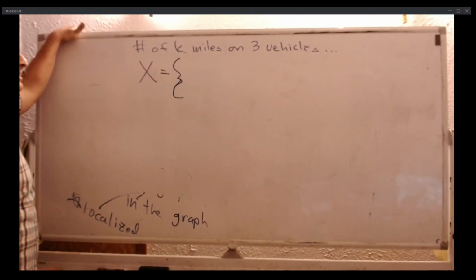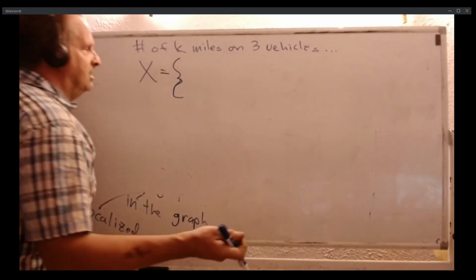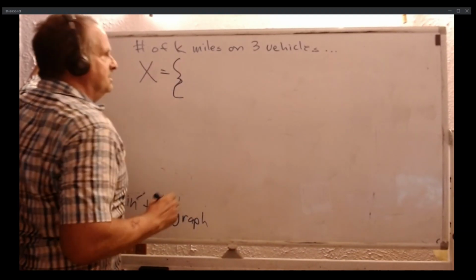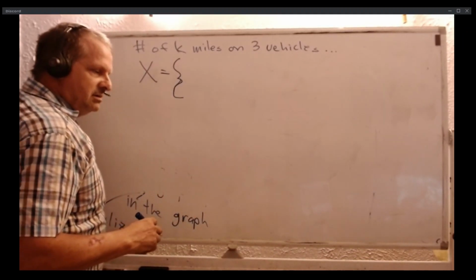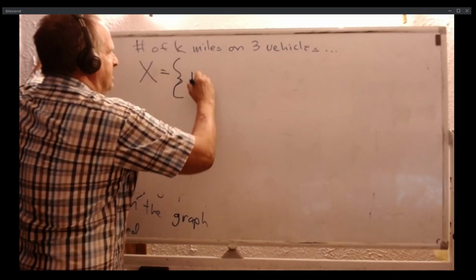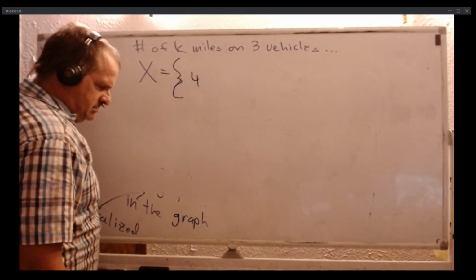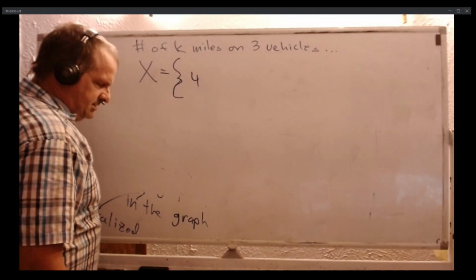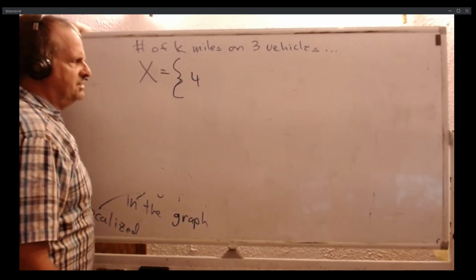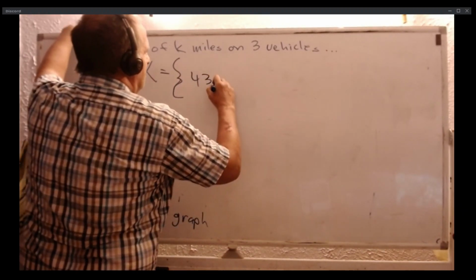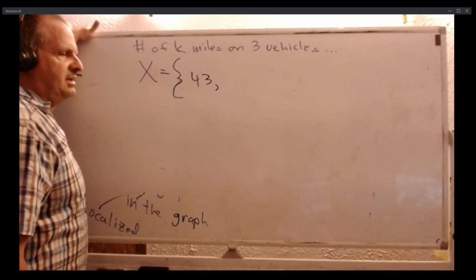Okay, so again, I'll start it off. The Toyota has probably about 43,000 by now. It's, how old is that thing? It's 2+ years old, like 2.5 years old. So 43 grand on that.